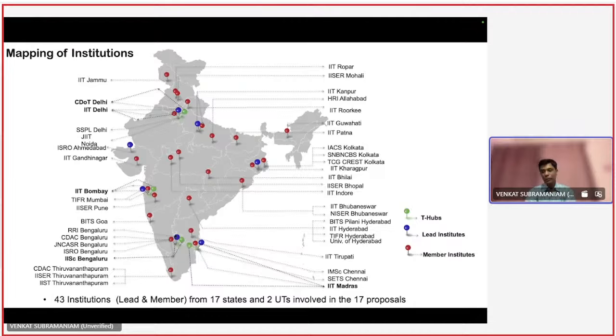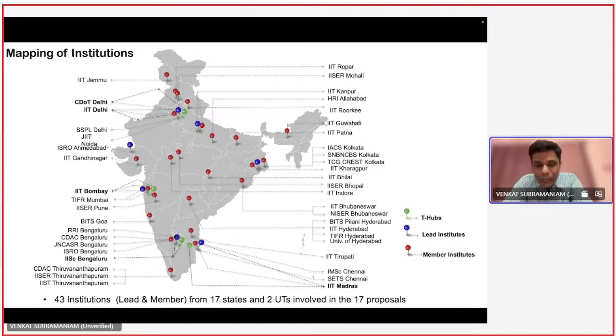IISc Bangalore is the quantum computing hub. IIT Madras is the quantum communications hub. IIT Delhi is the quantum materials hub. And IIT Bombay is the quantum sensing hub.